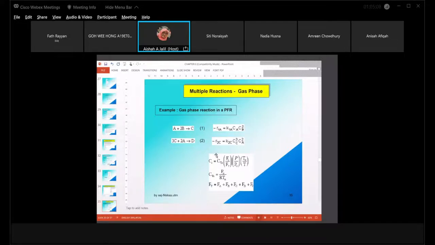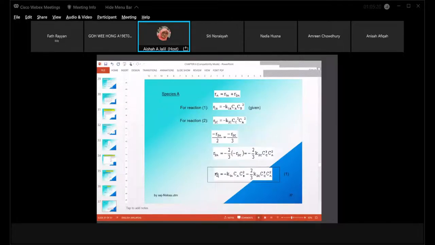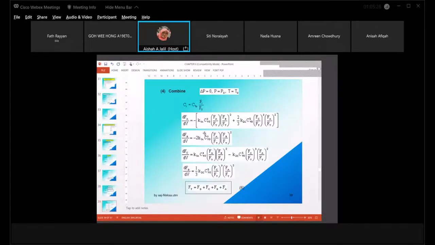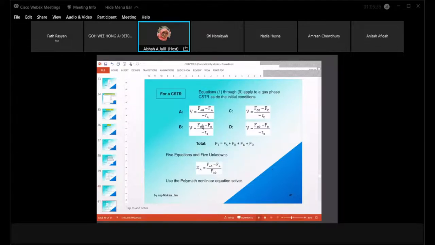You can see from the textbook the concentration in terms of other than conversion. Okay, you do not see the X. Okay, all the same. You just have to get the rA, then put it in the mole balance equation. Okay, the rA or rB, rC must be net rates.